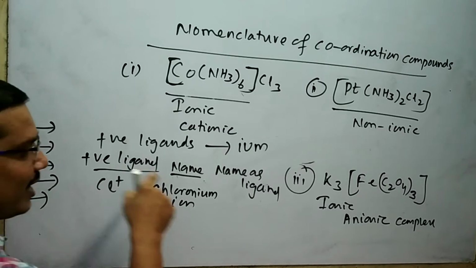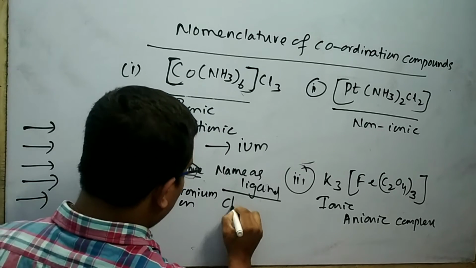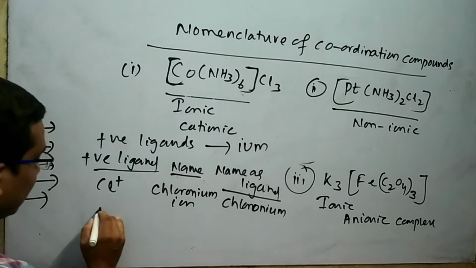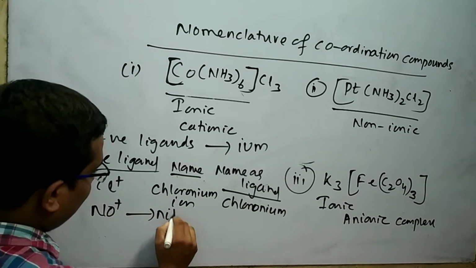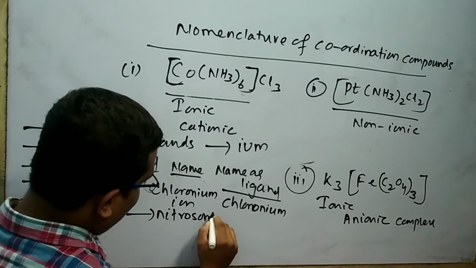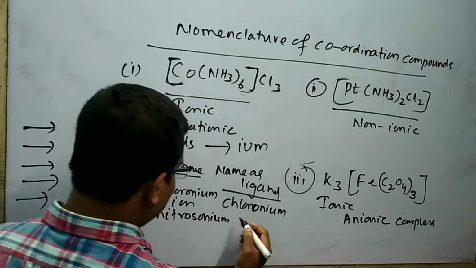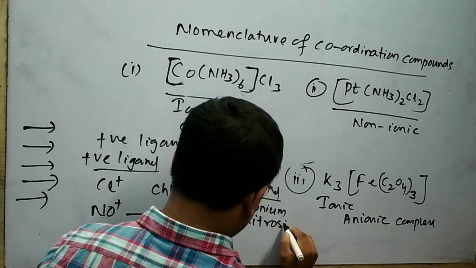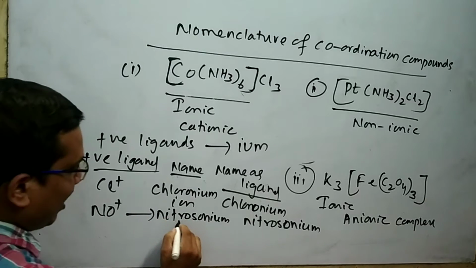If Cl+ is used as a ligand, then I can write chloronium. NO+, its name is nitrosonium ion.